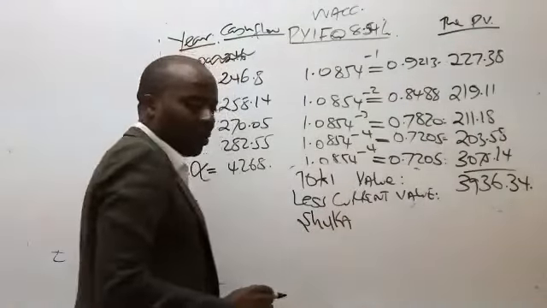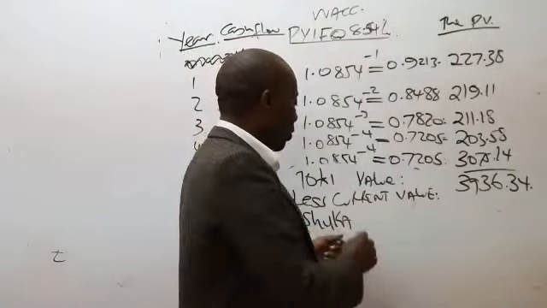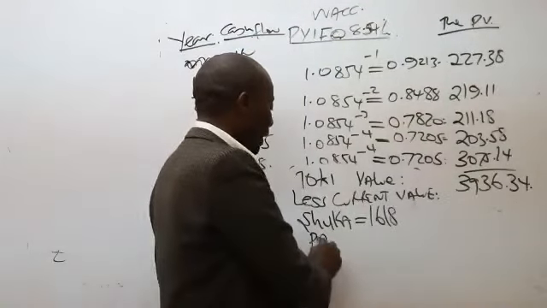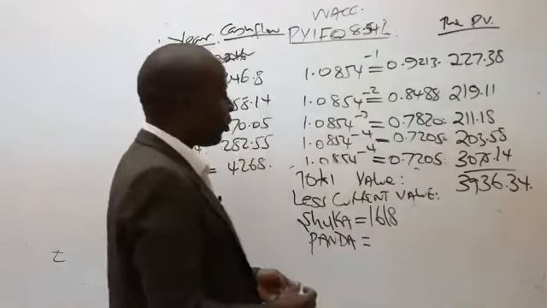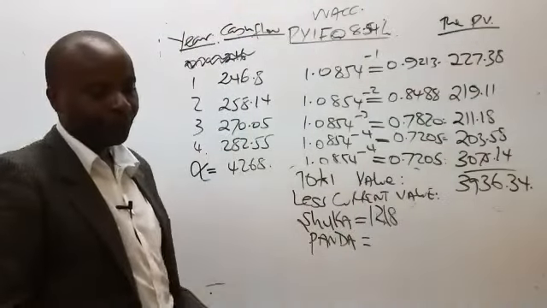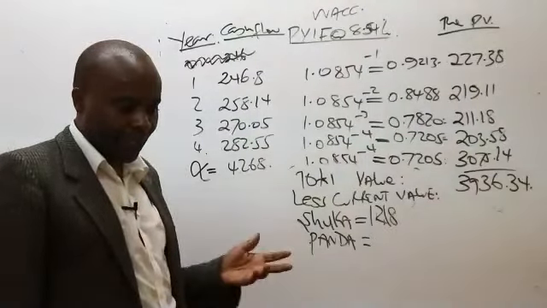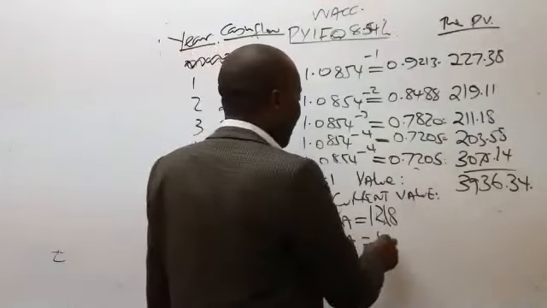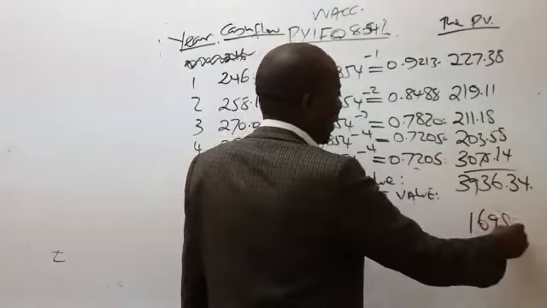Shuka was, I remember, 1280, and Panda, the current market value, was 480. There is a place at the very beginning. So 1280 and 480. Could you kindly add the two for me? It will come to 1698.